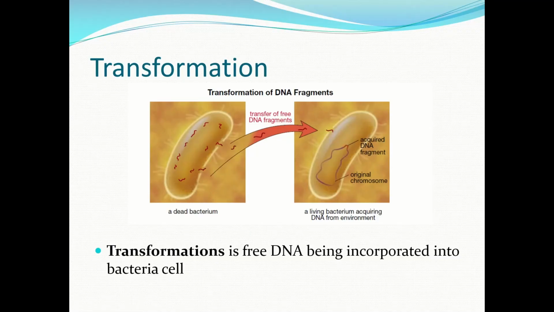So the reason that bacteria are so good at becoming resistant to antibiotics is because they have a couple of ways that they can become resistant a lot quicker, a lot easier. The first way is transformation. If you have a bacteria that's dead, but maybe it has DNA that's able to become resistant to certain antibiotics, through the process of transformation, the DNA can be incorporated into a new bacteria cell, so they can transfer that DNA.